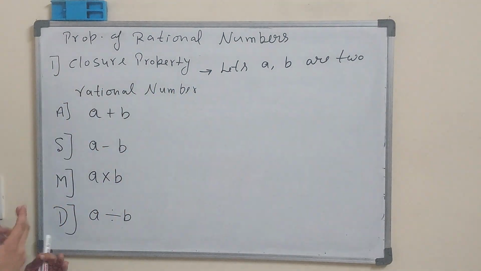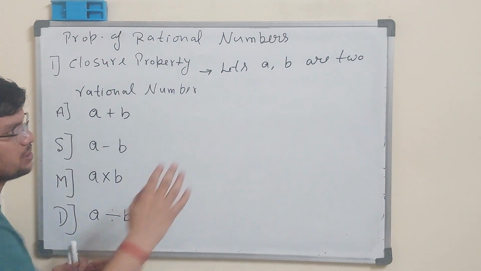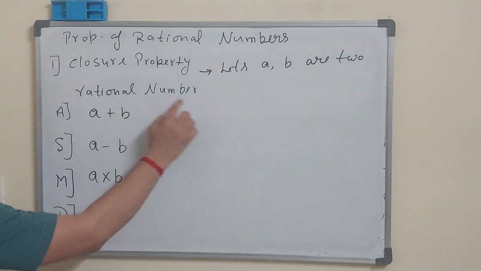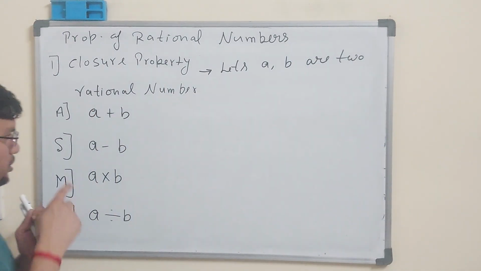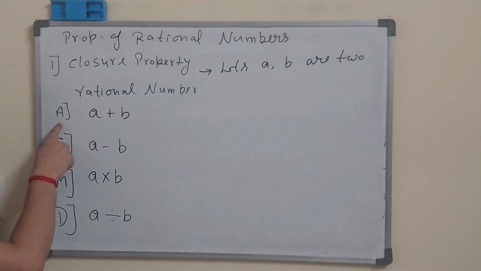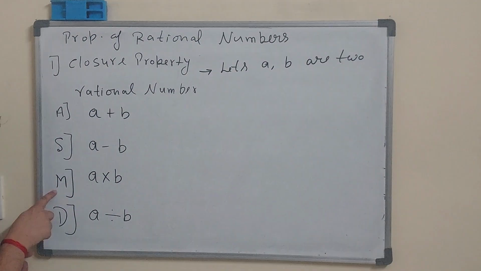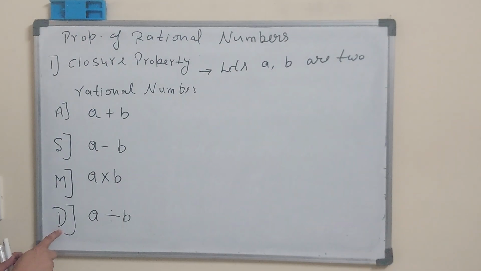Suppose we are taking two different rational numbers, let A and B be two rational numbers. Suppose A represents addition, S represents subtraction, N represents multiplication, and D represents division.